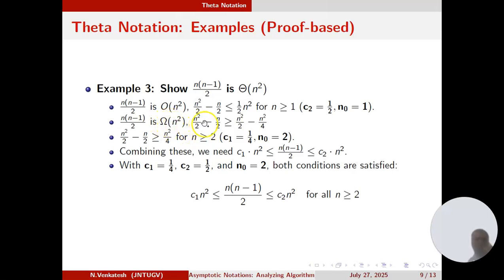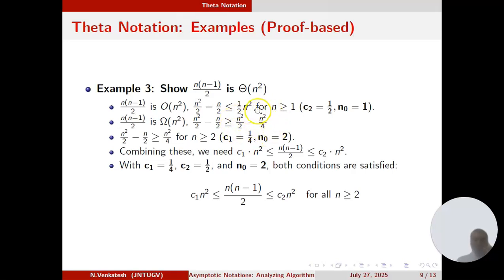So if we have n square by 2 minus n by 2, here we are subtracting n by 2, but if we subtract a bigger term than n by 2, then n square by 2 minus n by 2 is greater than or equal to that term. So let us suppose we subtract n square by 4, then we get n square by 2 minus n square by 4.